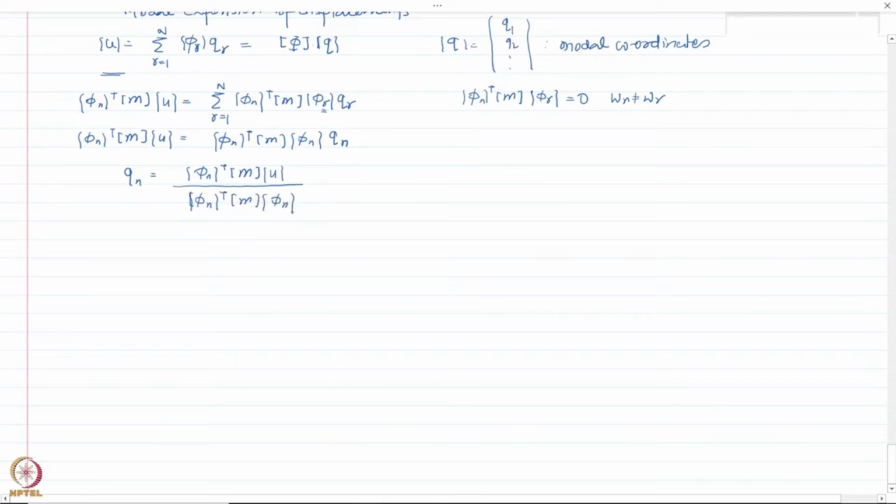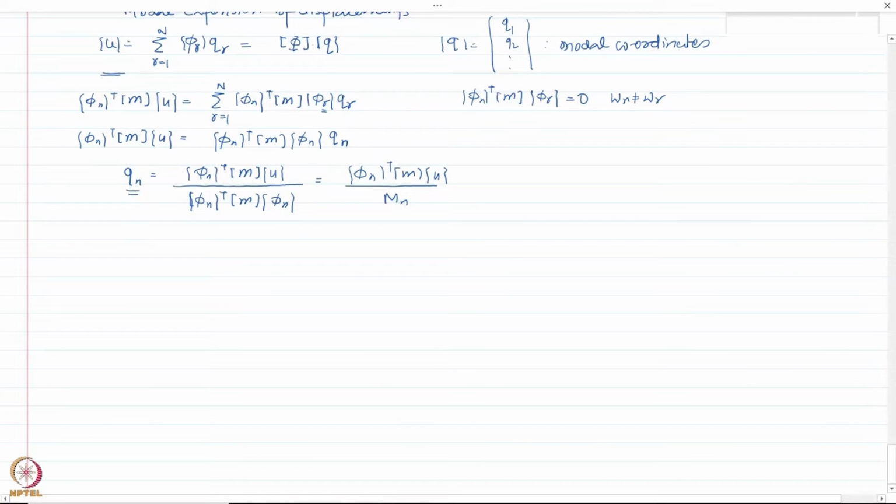Now if you look at the denominator, this is nothing but the diagonal element of the diagonalized mass matrix. So in the denominator I can write this as mn, which is the nth diagonal element of the diagonalized mass matrix.